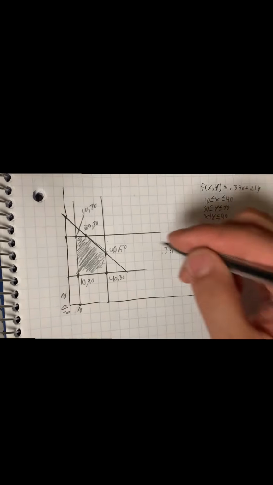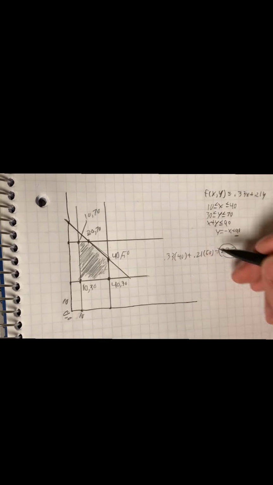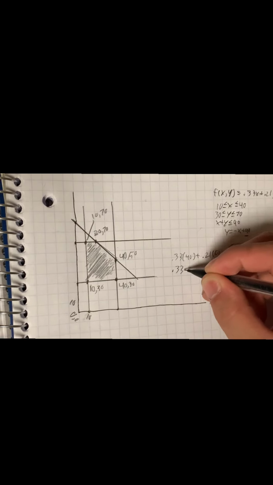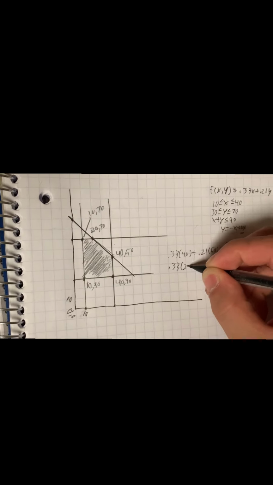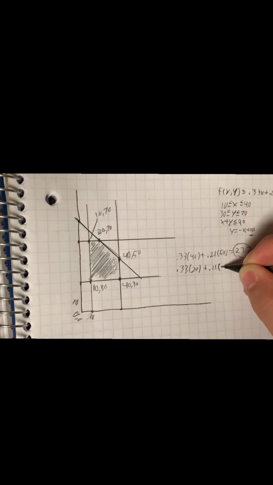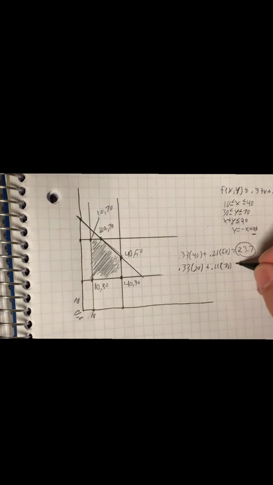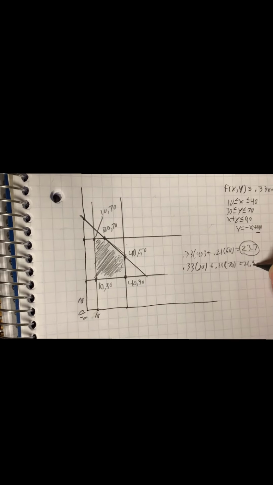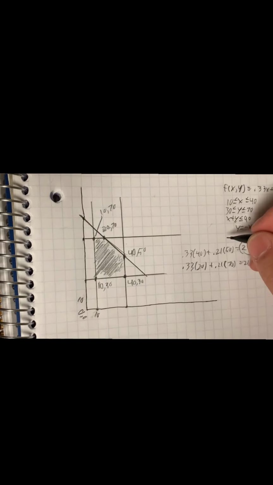Our second equation will be using 20, 70. So 0.33 times 20 plus 0.21 times 70 equals 21.3.